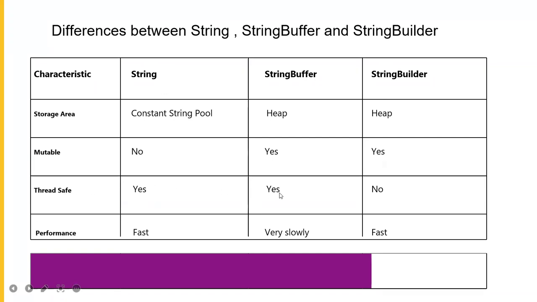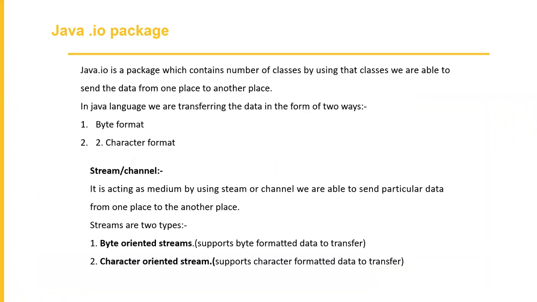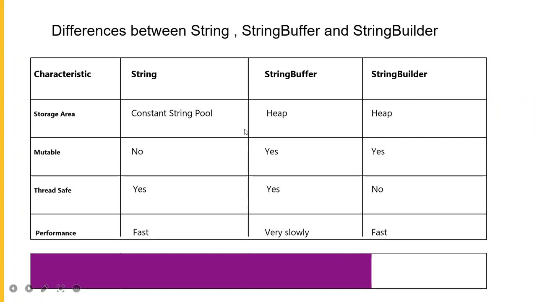Thread safe: string and string buffer are thread safe, but string builder is not thread safe. Comparing performance, string buffer is slower, and string builder is the fastest because it is not thread safe. You should remember this table when talking about string buffer and string builder.